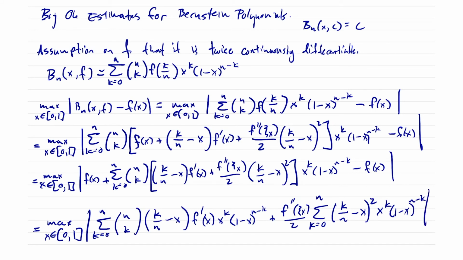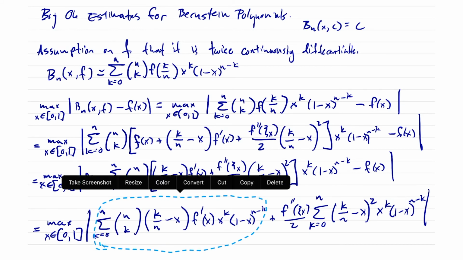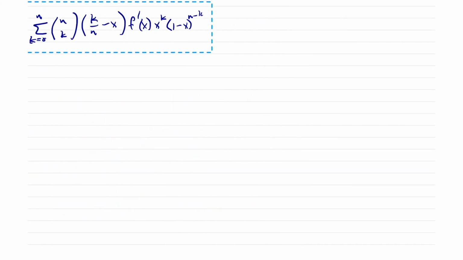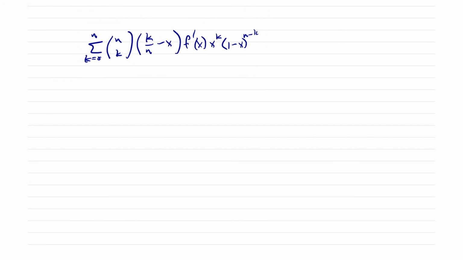Boom. All right, so I'm going to take a look at these in 2 different chunks. So we take a look at this guy. My claim is that that should be 0. So here we go. Claim this is equal to 0.